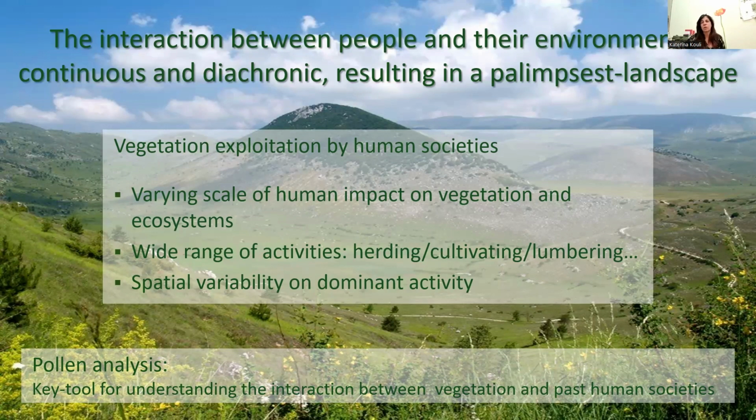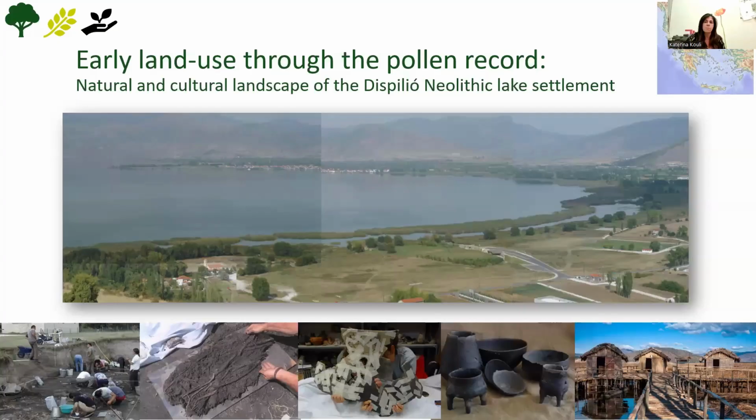Early land use has been clearly evidenced through pollen records, and here is just a small case study from a nice site, the Pillot. This is the site where the excavation took place. So imagine around 7,000 years ago here, the area filled with dwelling houses, people using this pottery.